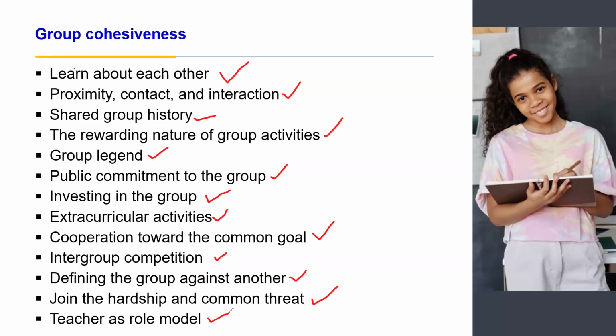Everything here will bring group cohesiveness, and students will be together, students will help each other, students are willing to take part in the activity, students will be ready to compete or to handle any situation together. That is a part of group cohesiveness. Okay, we will move to the next one, that is about the group norm.